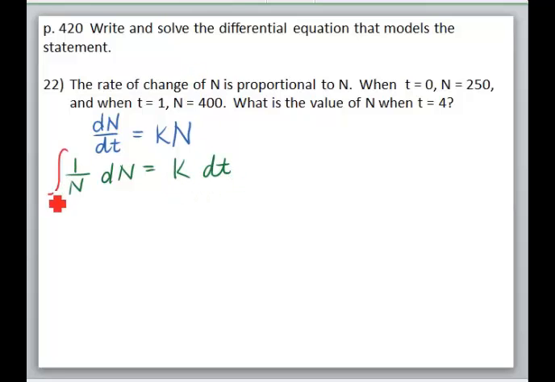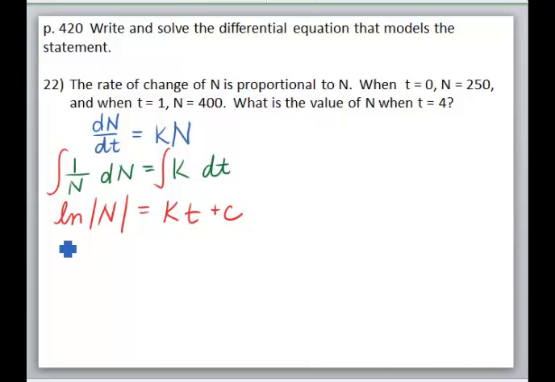So when we go to integrate this on both sides, I end up getting ln absolute value of n equals, this just ends up being kx. Oh, let me fix that. I should have said kt. It's t because we're doing this with respect to t, plus c.